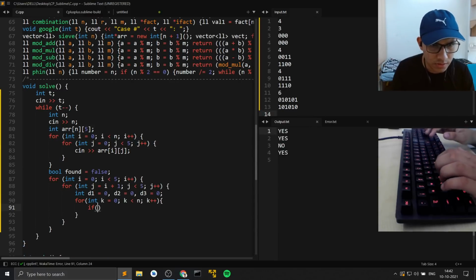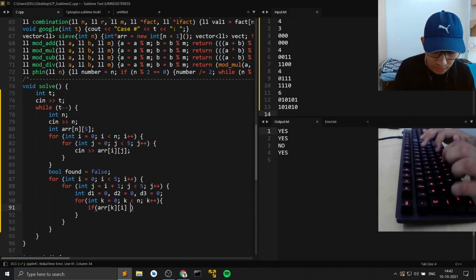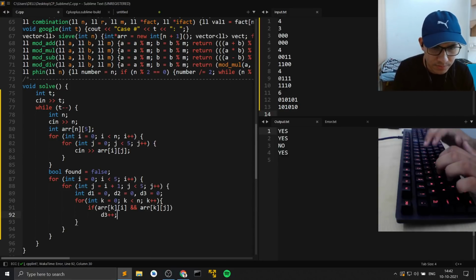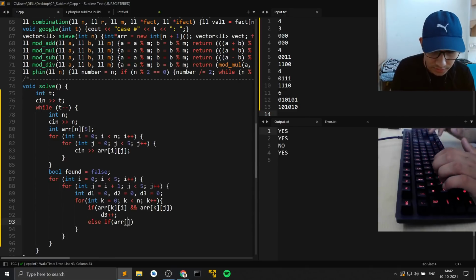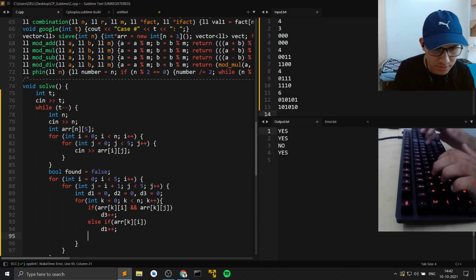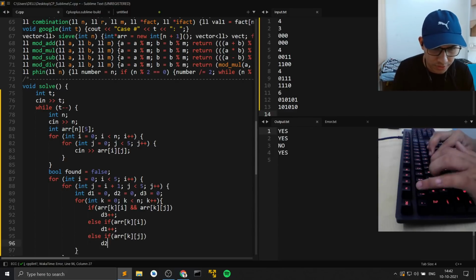Okay, so if ARR at K comma I, and ARR at K comma J, then I do D3 plus plus, else if ARR at K comma I, then I do D1 plus plus, else if ARR at K comma J, then I do D2 plus plus.